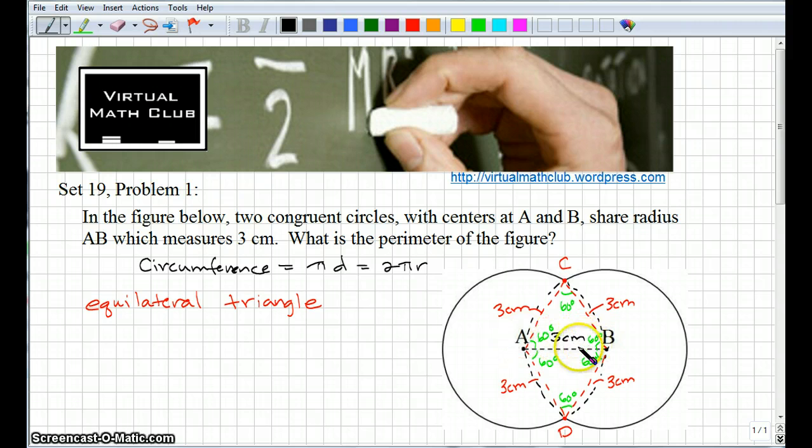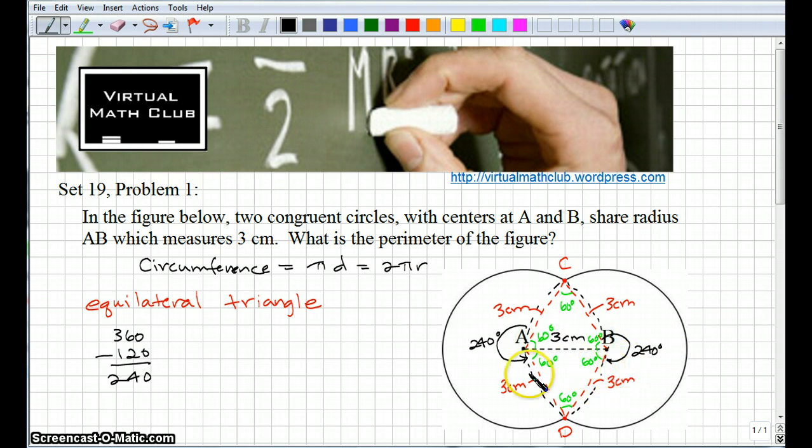And you know that there are 360 degrees in a circle, so if we take that 360 degrees and subtract 60 plus 60, which is 120, we end up with 240 degrees. So this angle outside here is actually 240 degrees. And the same way over here, the angle out here is 240 degrees.